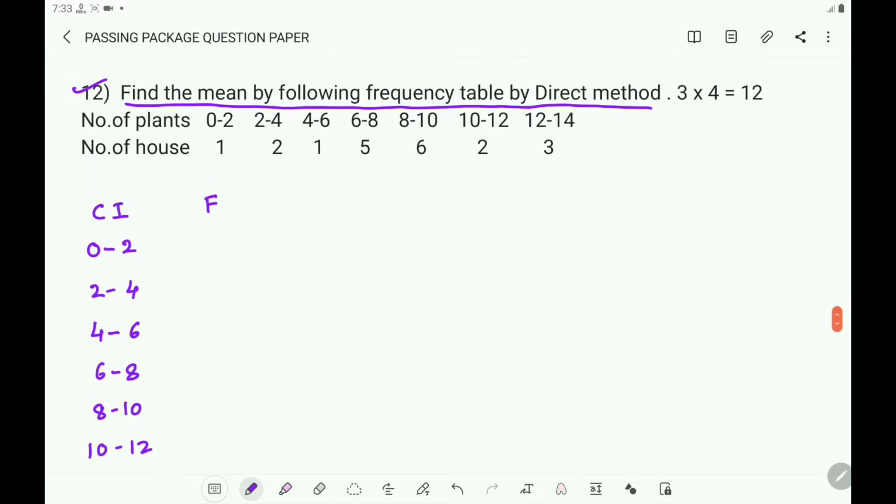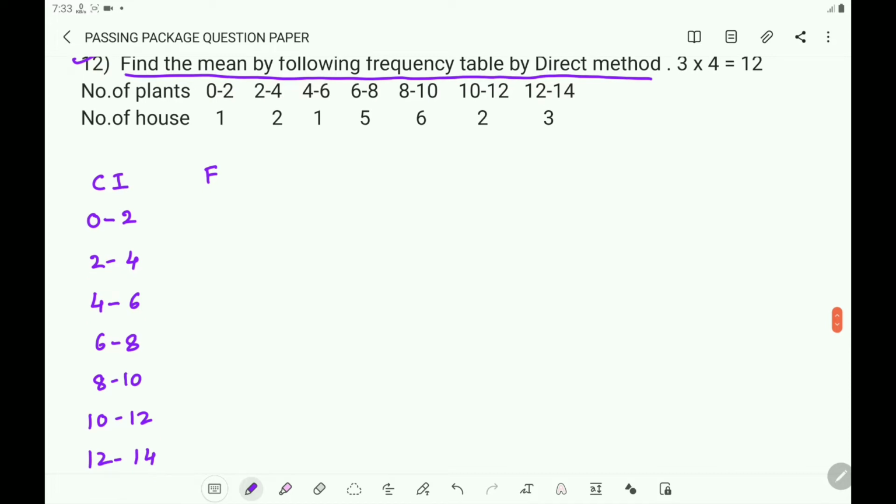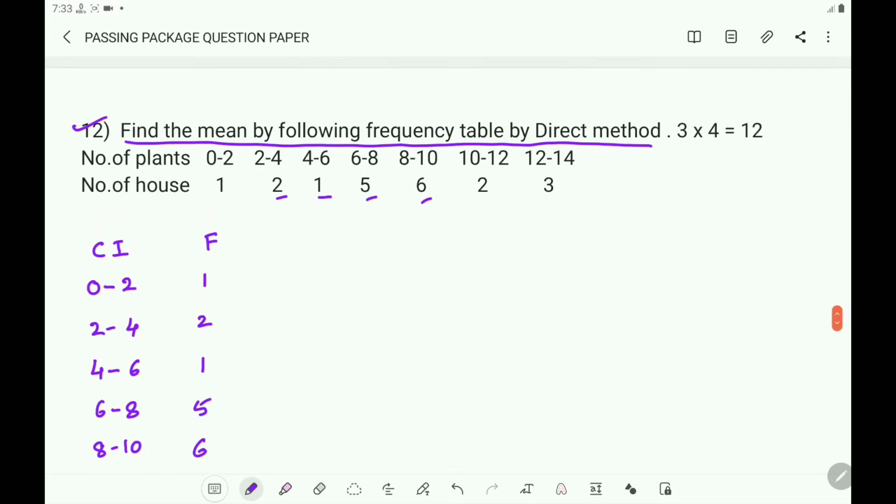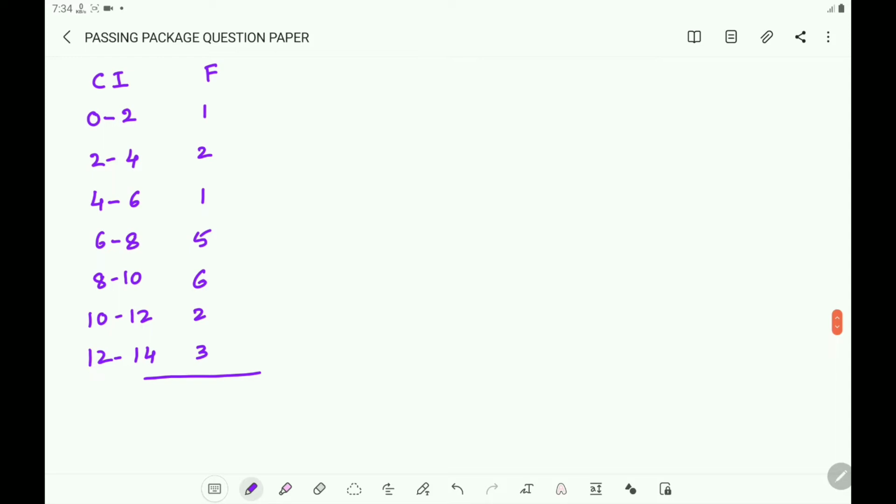Then the corresponding frequencies you write: for 0 to 2 the frequency is 1, next 2, then 1, then 5, then 6, then 2, then 3. Now you find the summation of Fi.